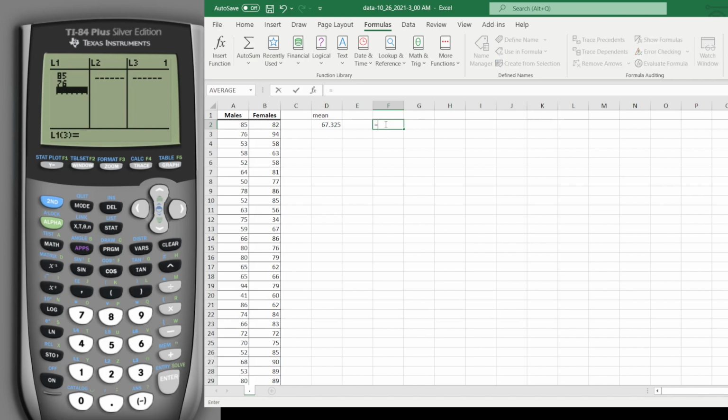We're going to do it again, but this time we're going to pray that we can find a standard deviation function. So standard, guess this is it. Oh, no, I guess not.